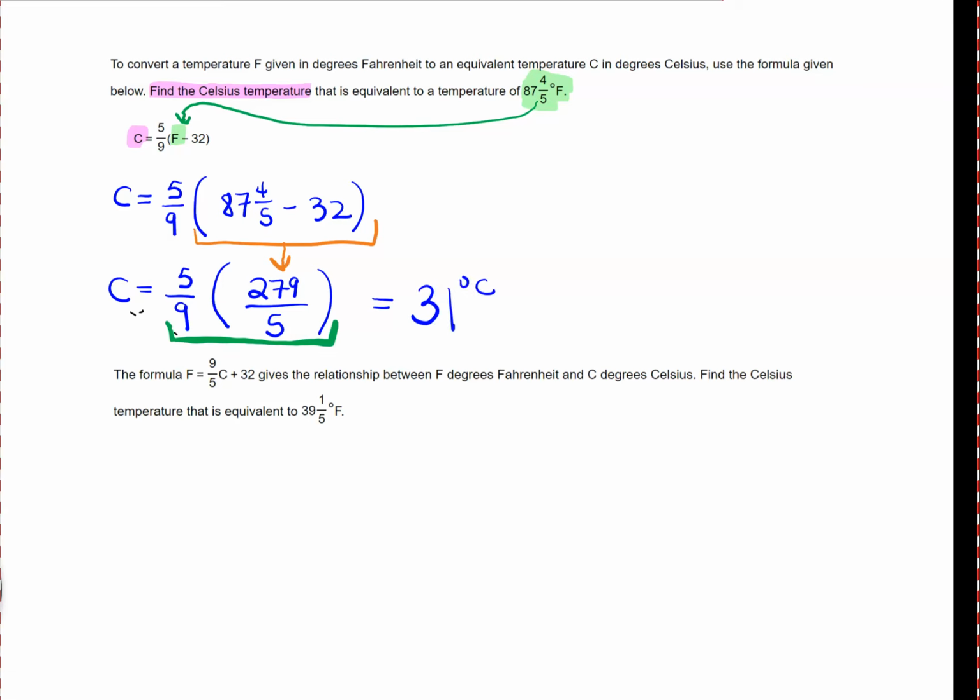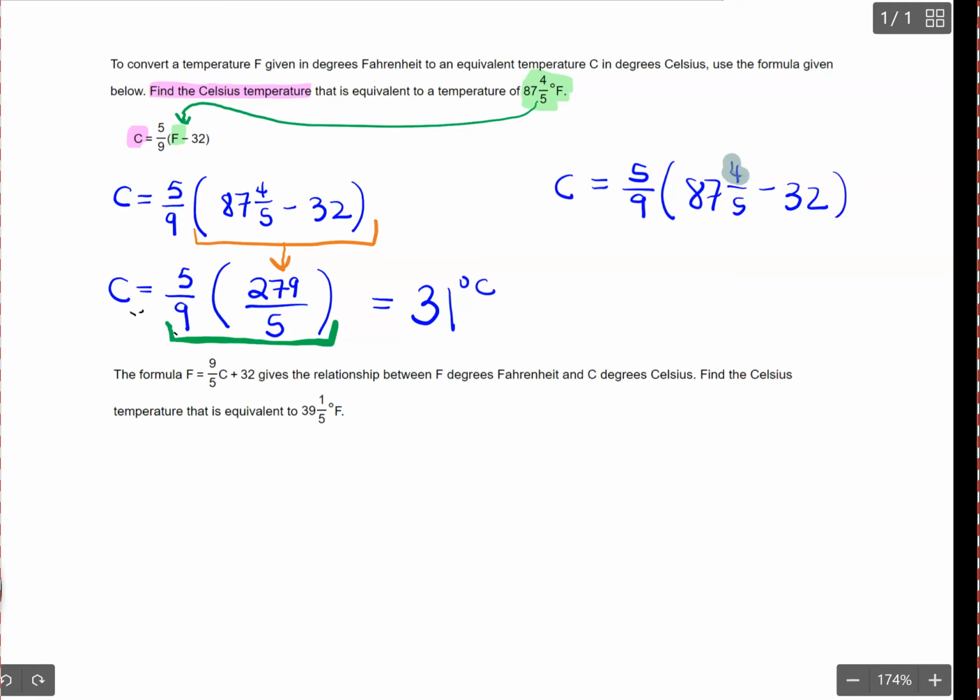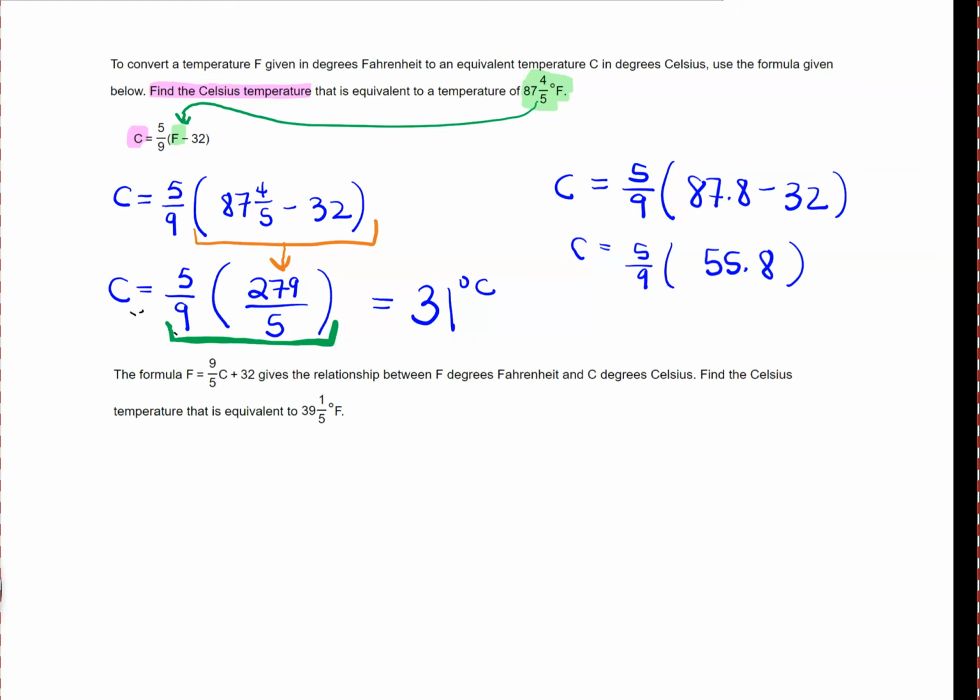So man, on this one, we could have just done decimals, right? Let's look at that. If I rewrote my formula, and instead of using that mixed number that I plugged in, I replace that mixed number with the 87.8, and then I went ahead and subtracted 32 from that, that would get me 55.8. And then if I multiply by the fraction 5/9.